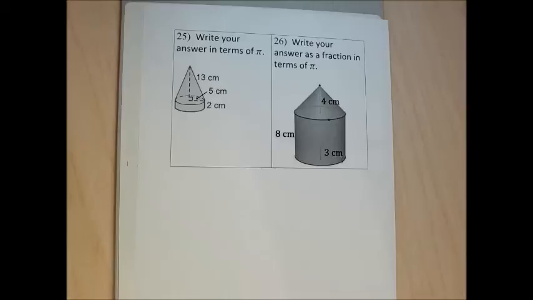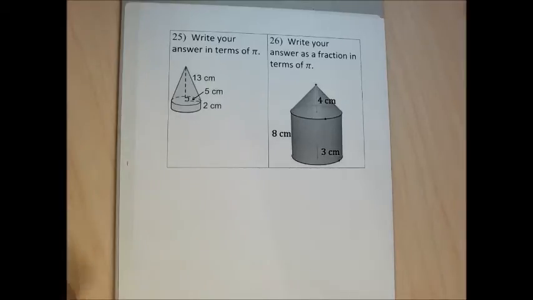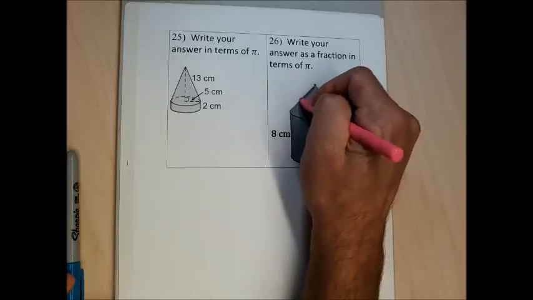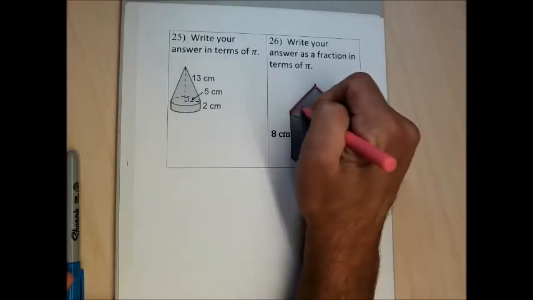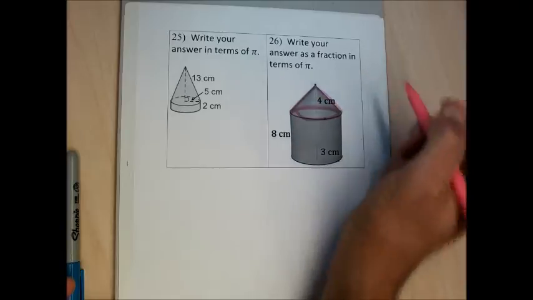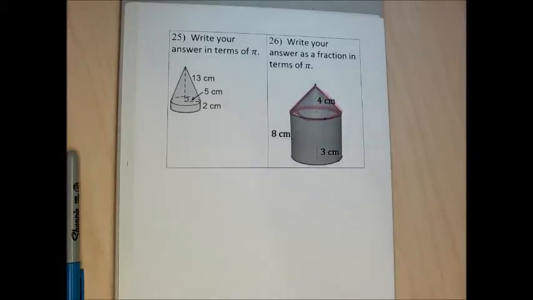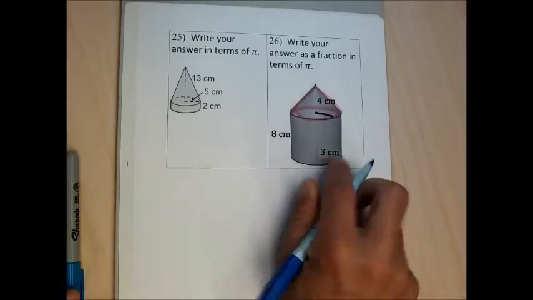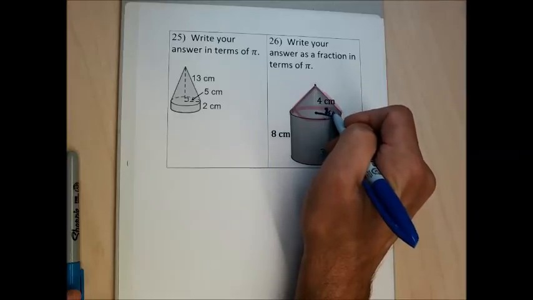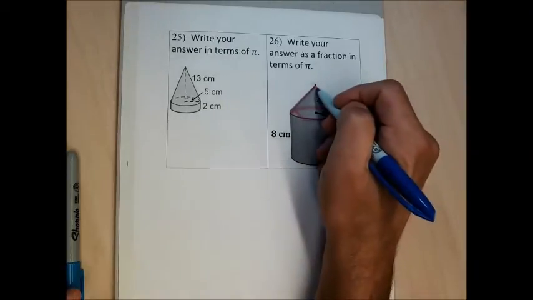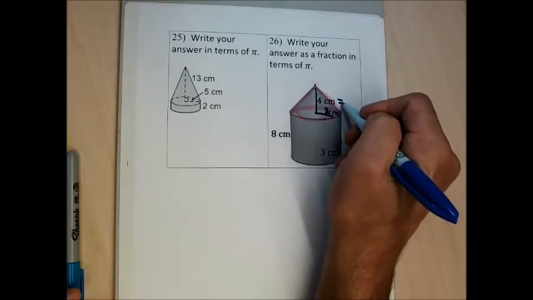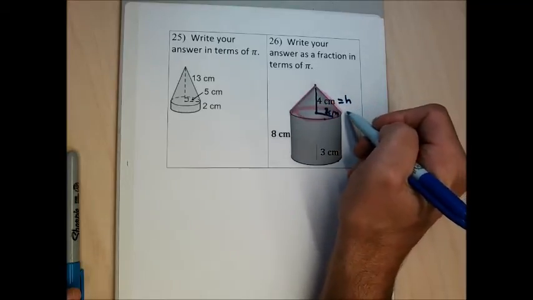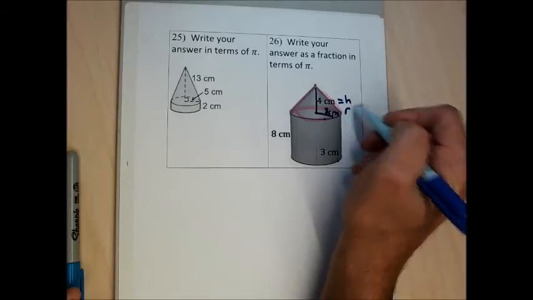25 and 26 are kind of silos in some sense. They're really exactly the same shape, although your bottom part is kind of scrunched on yours. So in order to do 26, similarly in order to do 25, I have to find the volume of the top, which is a cone, and I'm assuming this 3 centimeters on the bottom is still the same 3 centimeters on the top, and in my cone part on the top, the height is 4 centimeters and my radius is 3 centimeters.